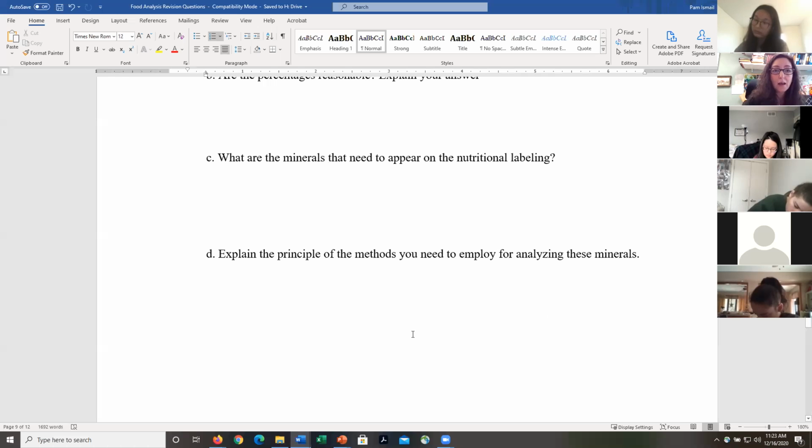So if you say atomic absorption spectroscopy, you want to make sure that we ash the sample, your ash is solubilized in dilute acid, and you dilute so that your mineral is within the standard curve of the standard of your mineral that you will be using.